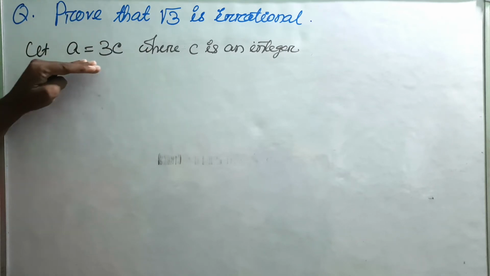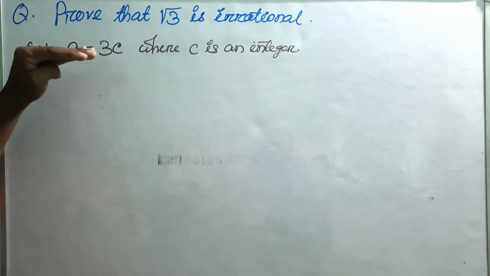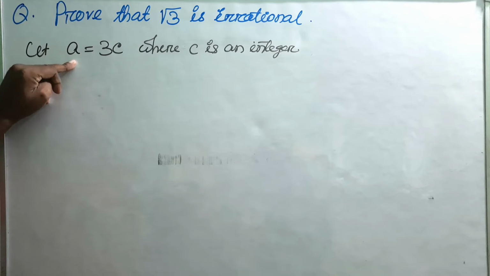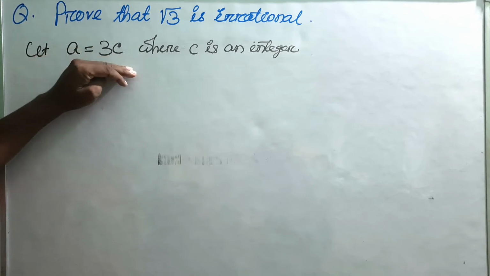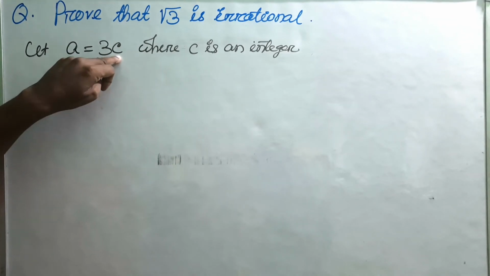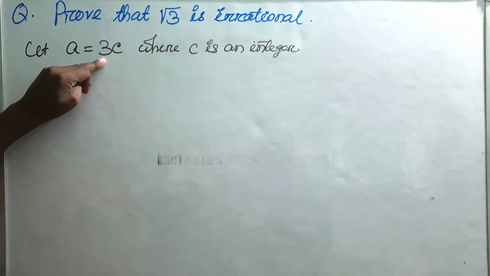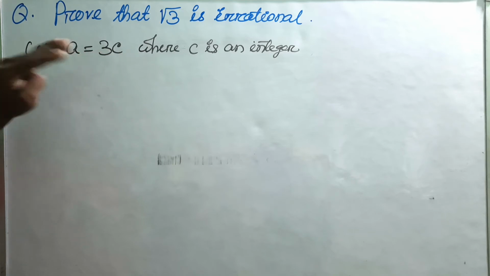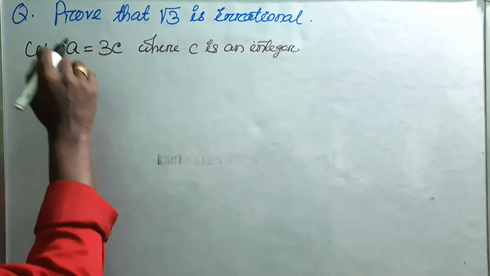Since a is divisible by 3, a must be a multiple of 3, that is why it is divisible by 3. Since a is a multiple of 3, that is why we have represented a is equal to 3c, where c stands for an integer. So whatever value of c you take, it becomes a multiple of 3 which is taken as a. Now put this value in equation 1.